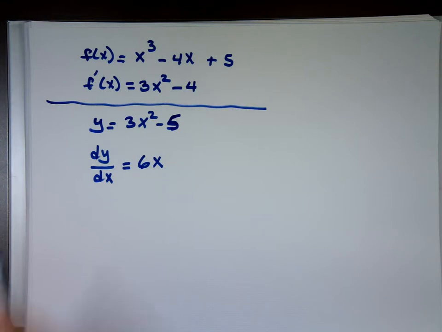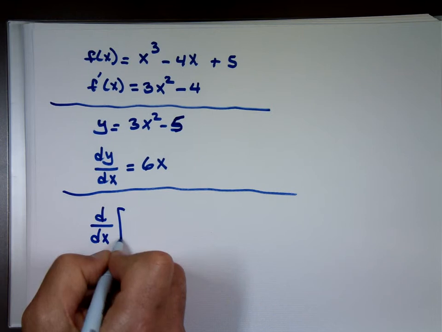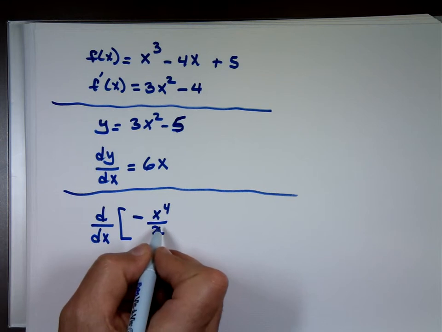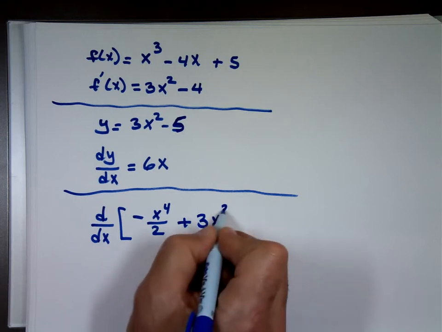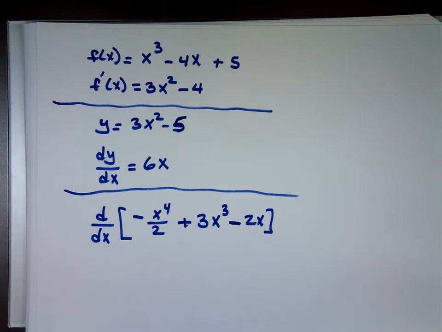What is the derivative of negative x to the 4th over 2 plus 3x to the 3rd minus 2x?